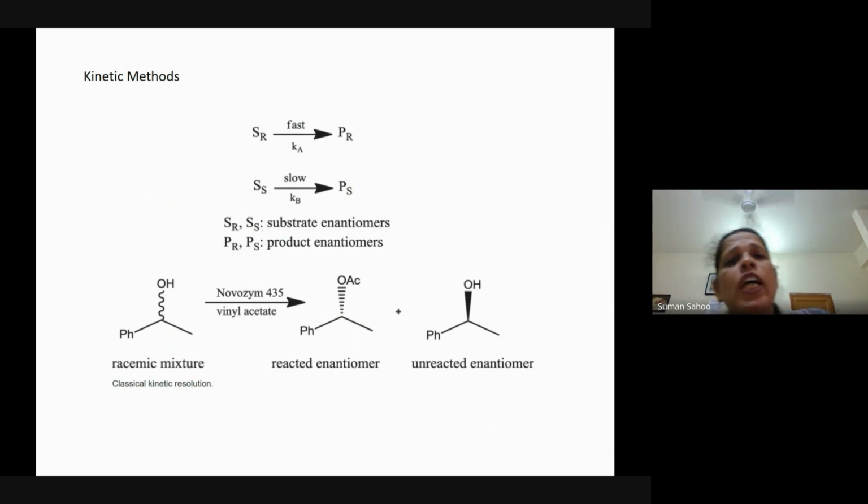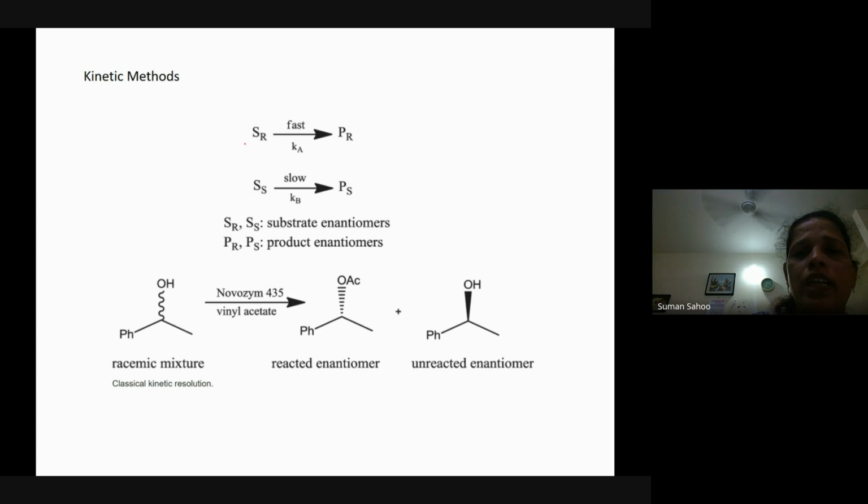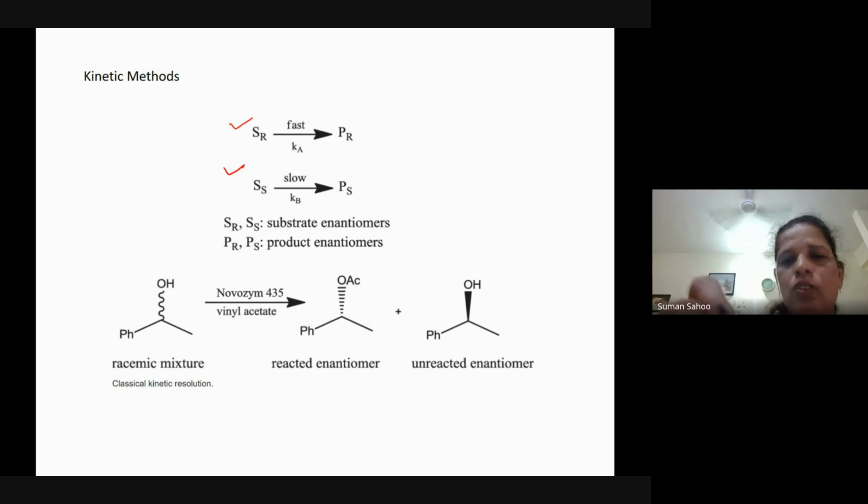There are also kinetic methods. In kinetic methods, suppose we have two enantiomers, SR and SS. If you see SR, the rate of reaction is very fast, and for SS, the rate of reaction is very slow.